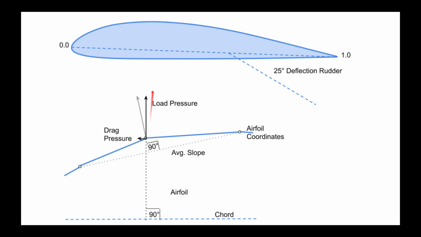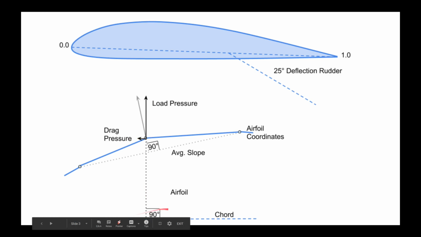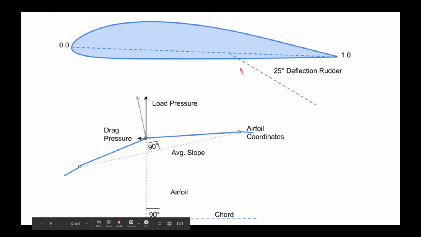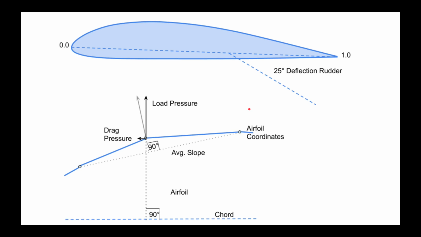So this value would be the sine, this value would be the cosine, assuming that chord is a 0 angle. So the sine of this angle multiplied by the magnitude, in other words the pressure, will give me the load pressure perpendicular to the chord. Or if we're on the rudder, all this will be tilted, and it'll give me the pressure perpendicular to the rudder chord.